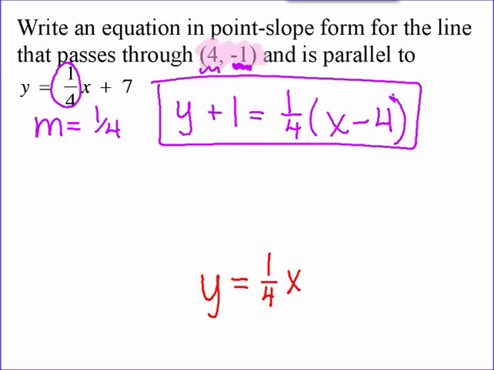What does it come out to be? y equals 1/4 x - 2.